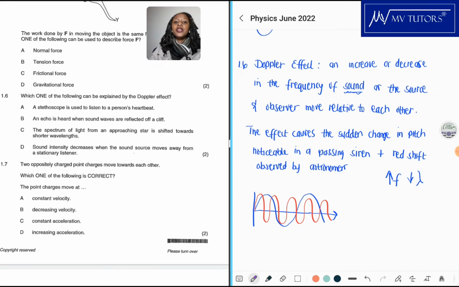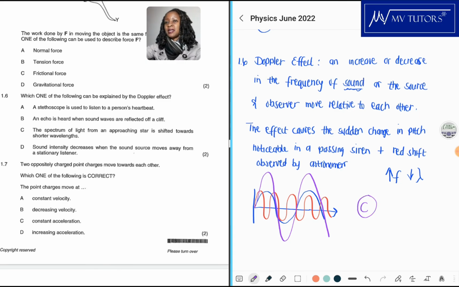Your frequency still stays the same, but your amplitude increases. In that case, the frequency is not really affected by the intensity. It stays the same regardless. So in this case, the redshift will work. That will be an example. Okay, so we go with C.